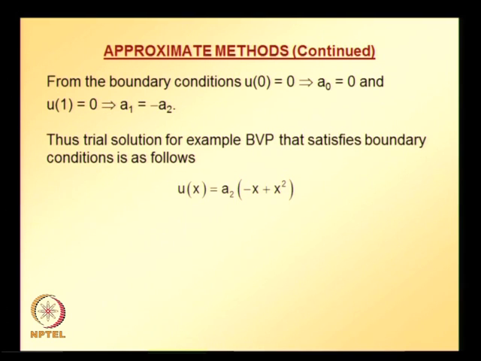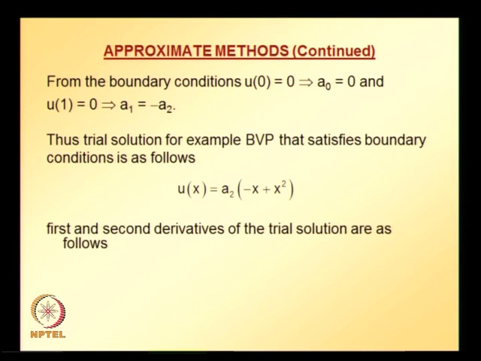Before we substitute, if you recall, the residual involves the second derivative of u with respect to x. So we need to find the first and second derivatives of the trial solution with respect to x, which are shown here. So once we have this, we can actually substitute into the residual.